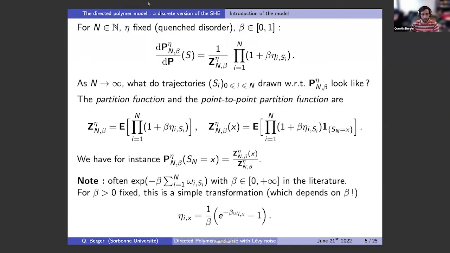I know that the conventions between physicists and mathematicians are different, and mathematicians don't like to have a minus here, so they put a plus and reverse omega into minus omega, but that's no difference. Okay, so here I'll take the convention of the product form with beta, the inverse temperature.